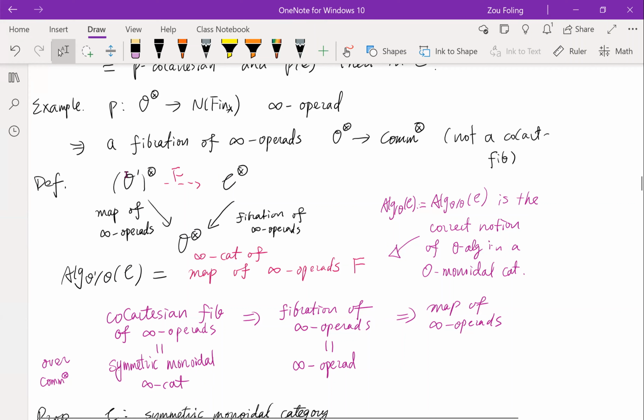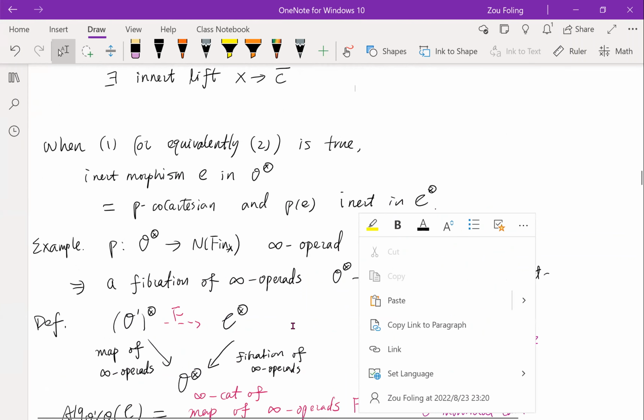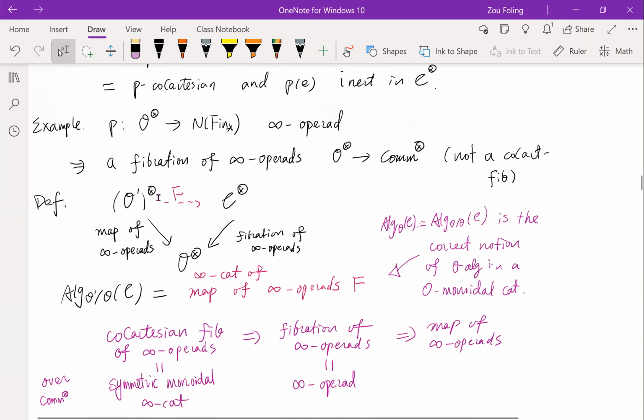And when O prime equals O, we write it just as algebra over O. And this should be the correct notion of O algebra in an O monoidal category. Because if you think about O prime and O being nerve of thin star, then such a map F, what's below is automatic, and such a map F is just a map of infinity operads.